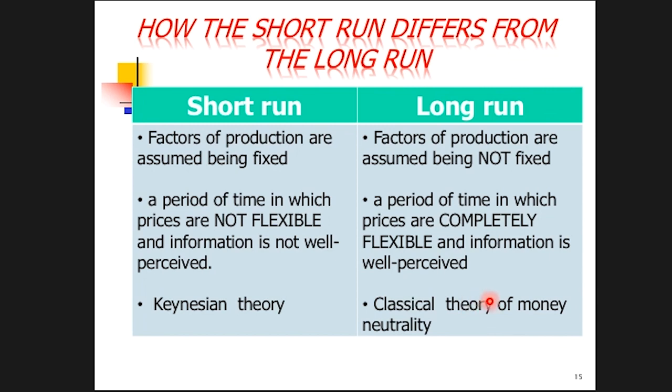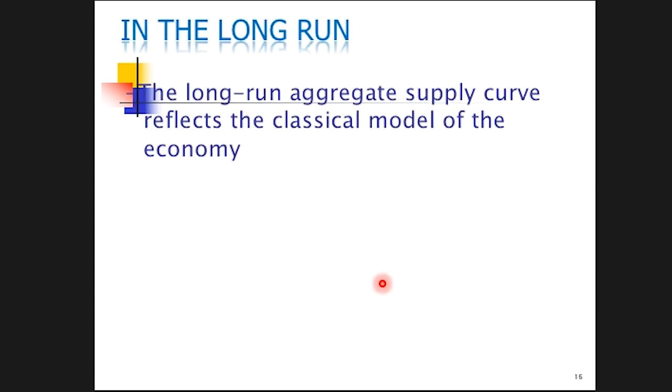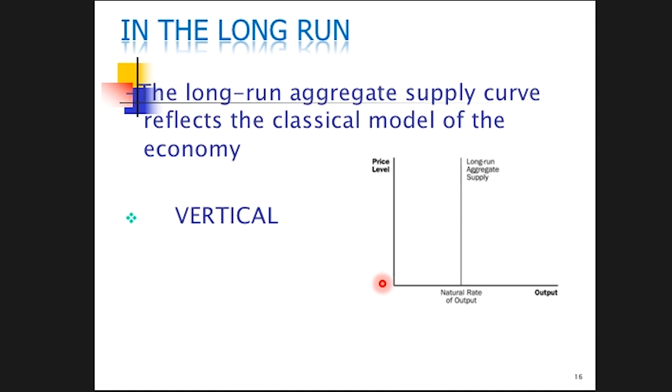Because the price is completely flexible and easy to change and stabilize the output, in the long run the aggregate supply is vertical, thanks to the flexibility of the price.